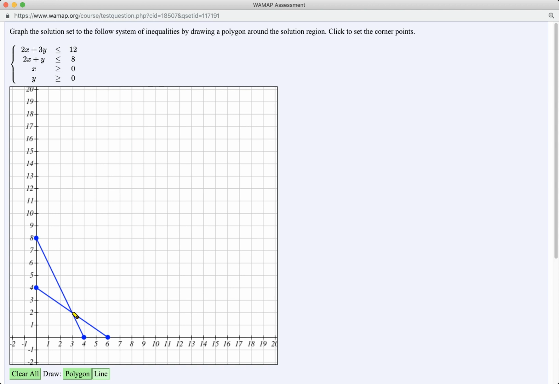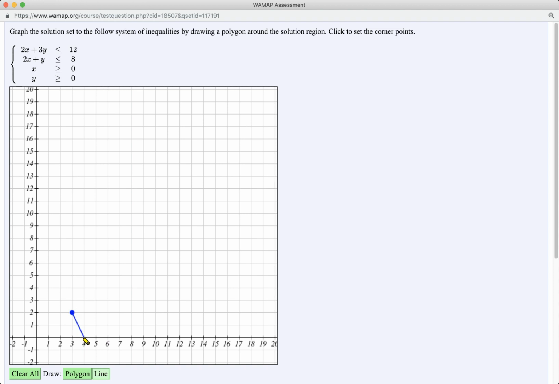So now what we have is our 4 corner points. This one, (3, 2), is one of them. (4, 0) over here is the next one. (0, 0) is the third one. And (0, 4) is the last one. So let's clear it all up, and let's begin to draw our corner points. We know that (3, 2) was the intersection point, so we can start there. Doesn't matter where we start.